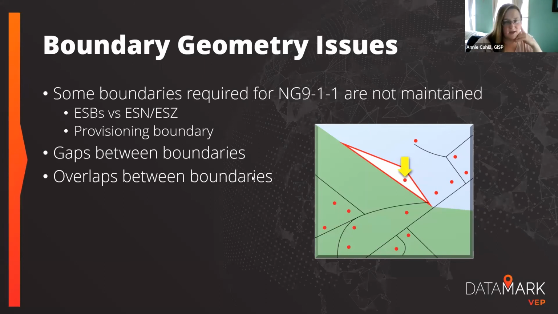It is kind of a learning curve because it's really a paradigm shift, right? That's what NG9-1-1 is, because we're removing the reliance on the MSAG and ALI, and we're putting that onto the GIS data, okay? Which means that your data needs to be accurate, and we want to examine this.